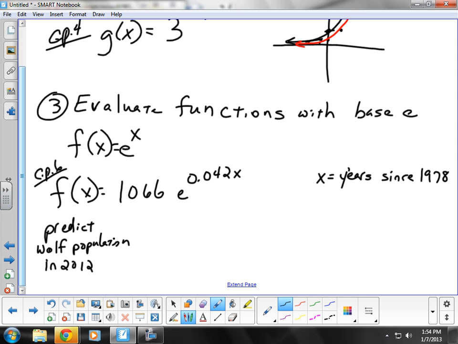Okay? So like I say, population growth is many times modeled with exponential equations for a period of time. And so what would we have to do here to be able to work this problem? How can we predict this wolf population using this model that we have here?